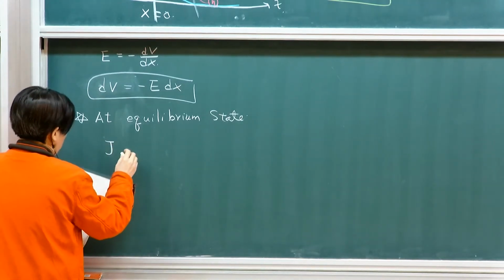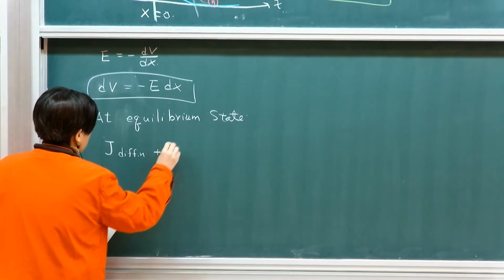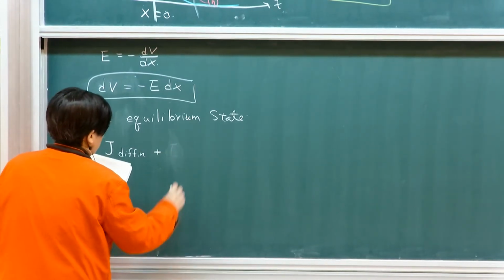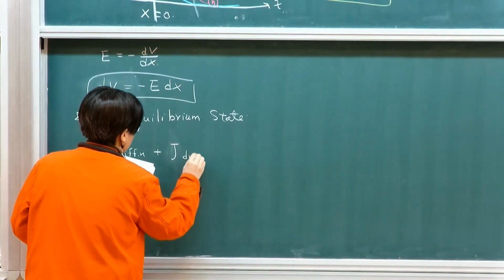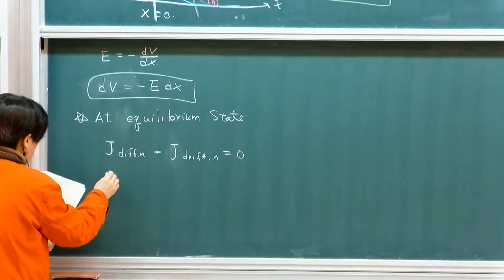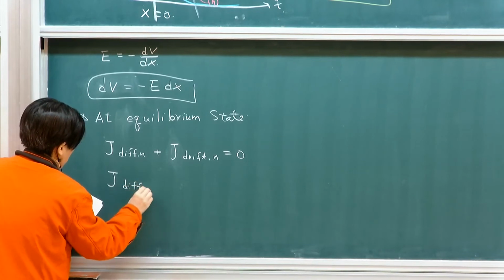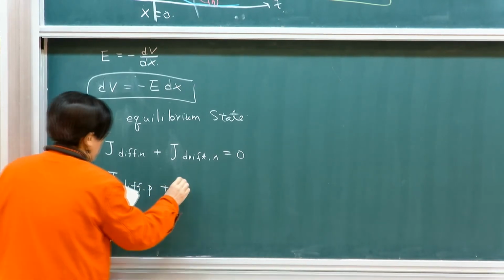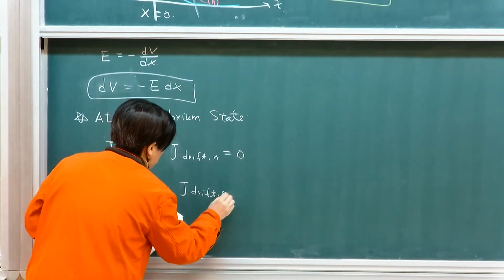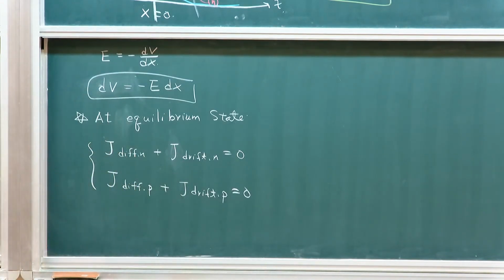We know that the diffusion current is balanced by the drift force. And this should be true for both N and P because there's no recombination. We're not assuming any recombination of carriers. Therefore, each of the carriers has to balance itself. Both of them should balance on their own.